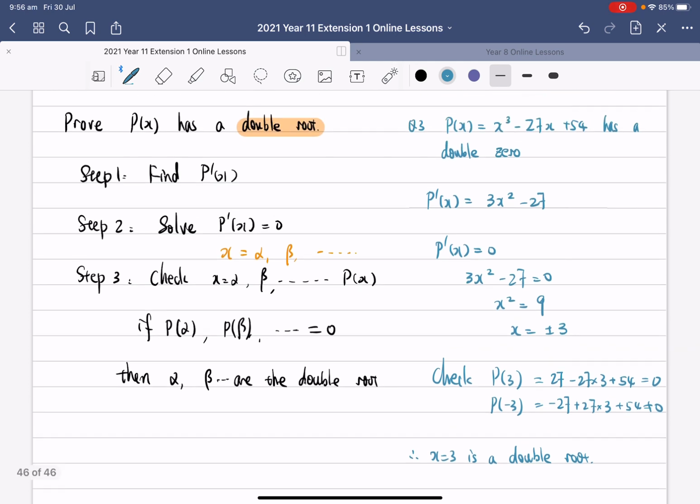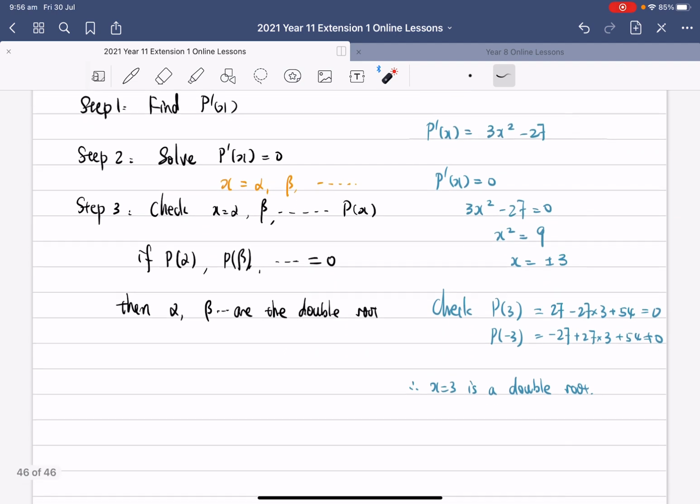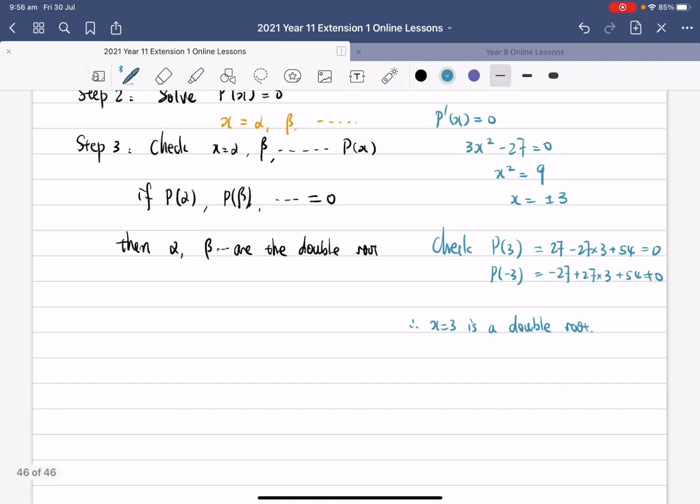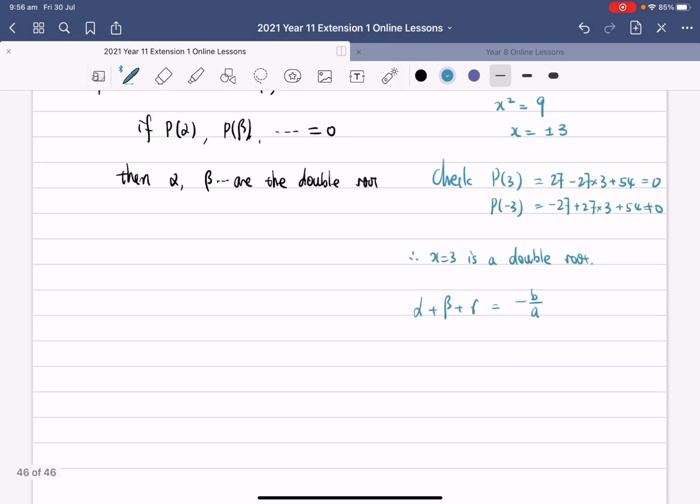Now, if I want to solve this equation by making it equal to 0, you can use long division to solve for the last root, but you can also use something really simple that we have learned before about root and coefficient relations. We know alpha plus beta plus gamma is equal to minus b on a, and one of the roots is a double root, which means 3 plus 3 plus gamma is equal to minus b on a.